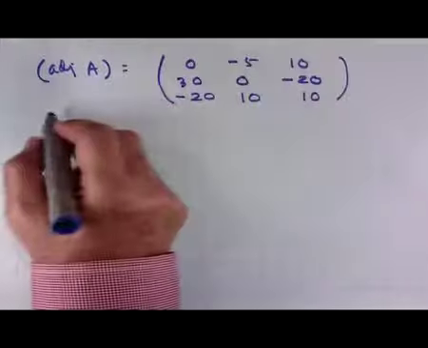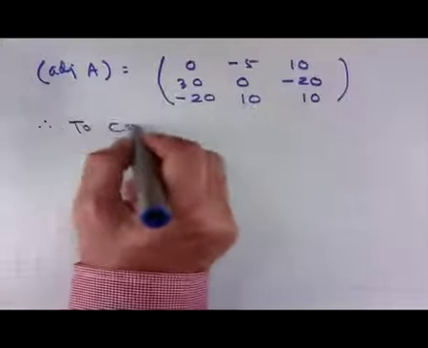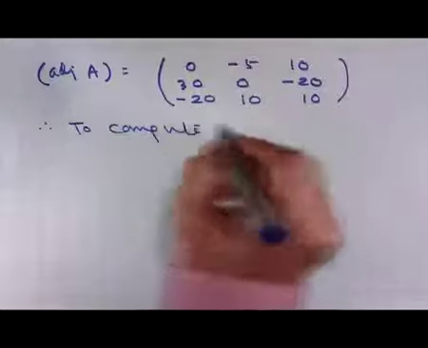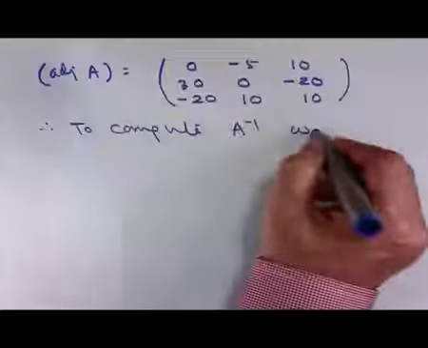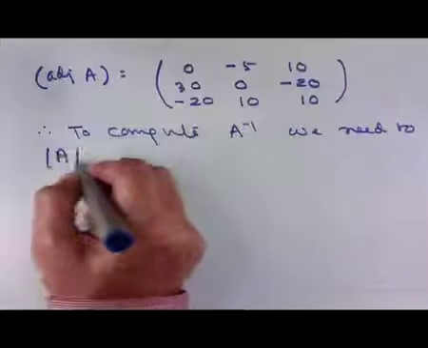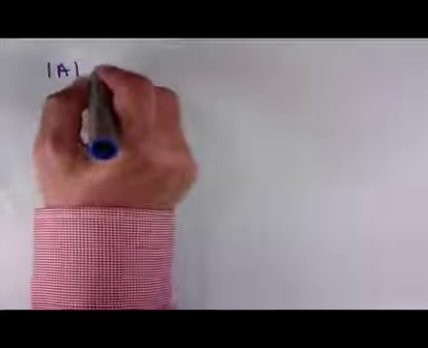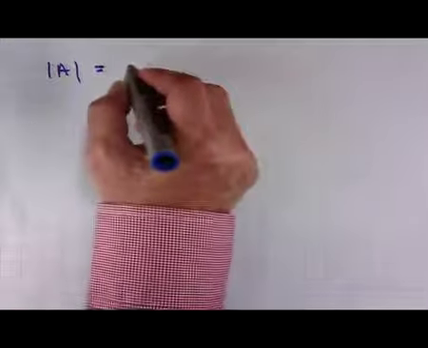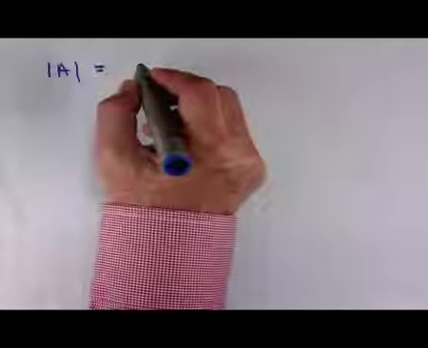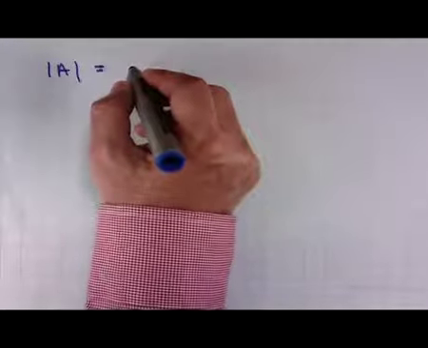Therefore, to compute A inverse, we need to find the determinant of A. Now, determinant of A is equal to, if we expand along the first row, we multiply the terms with their cofactors.